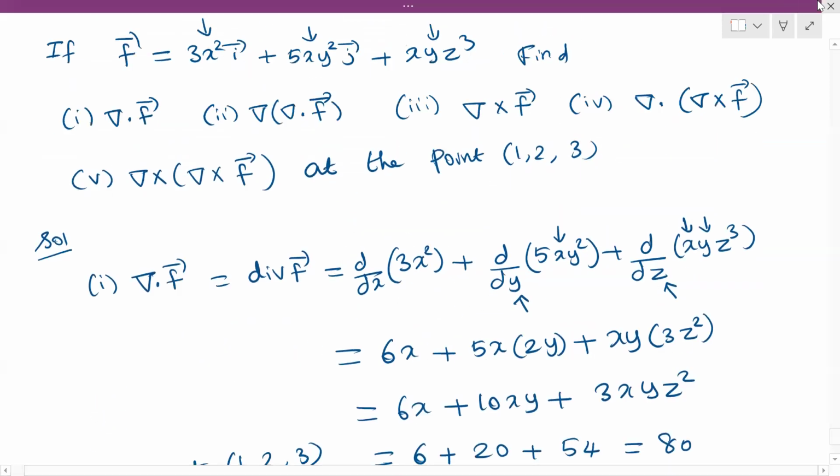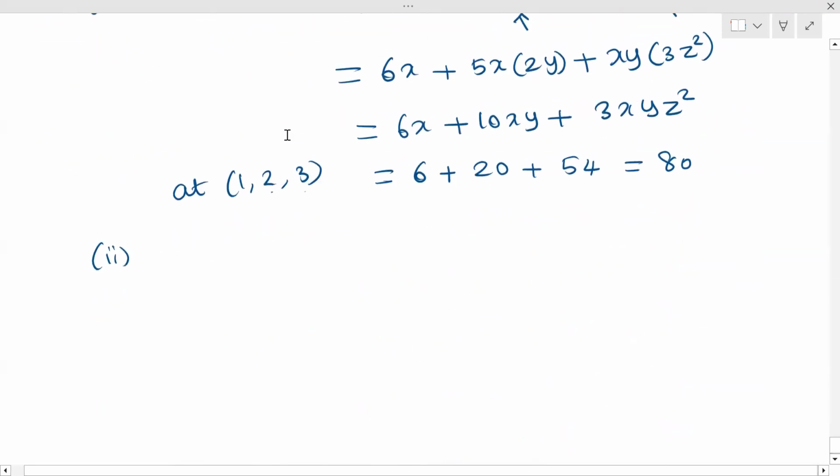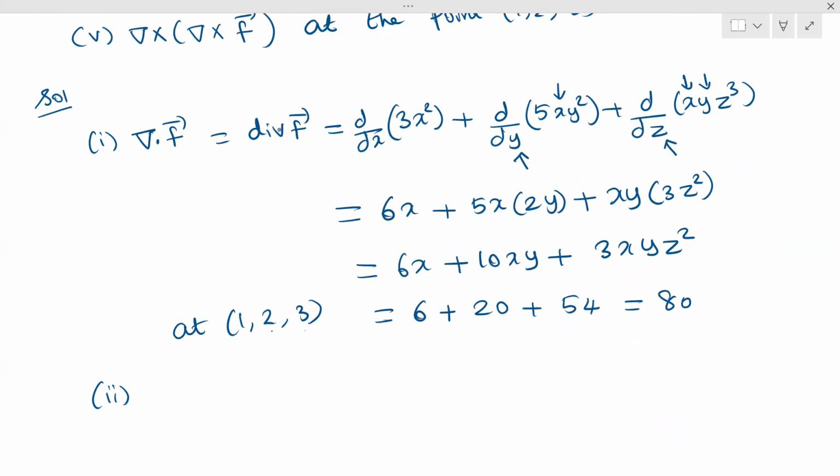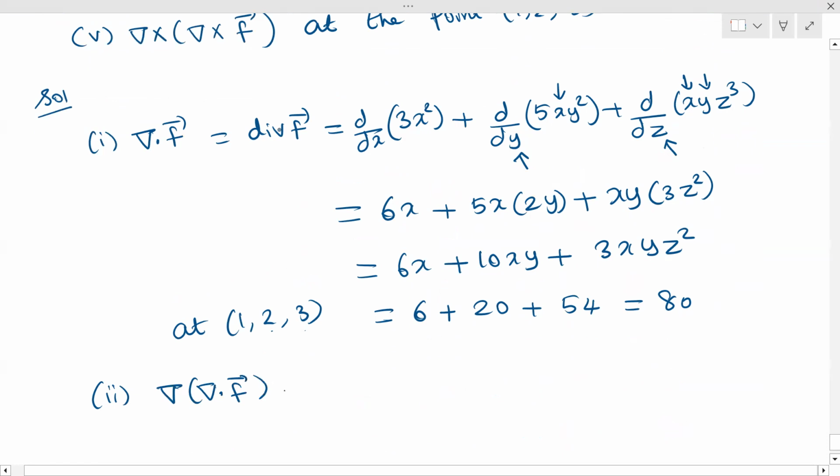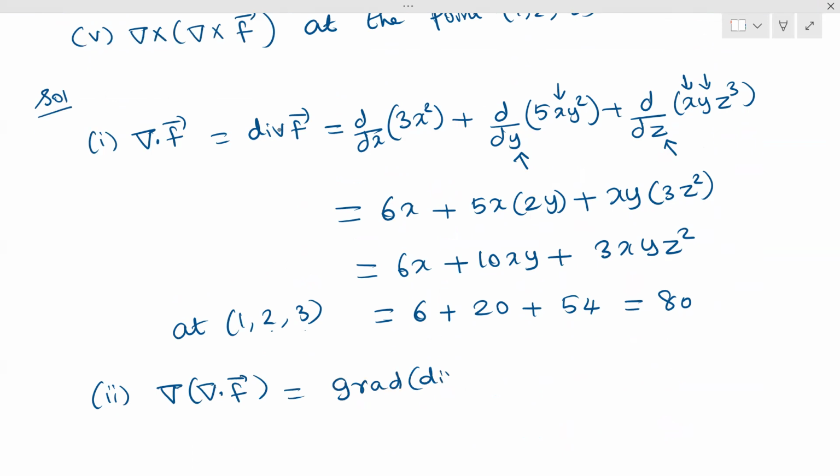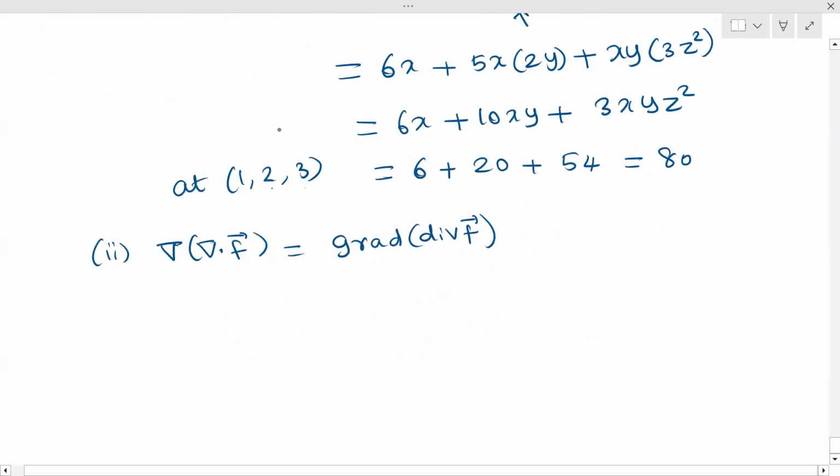Second one, del of del dot f. Del of del dot f means the gradient of divergence f. Already we got divergence f. This is our divergence f.